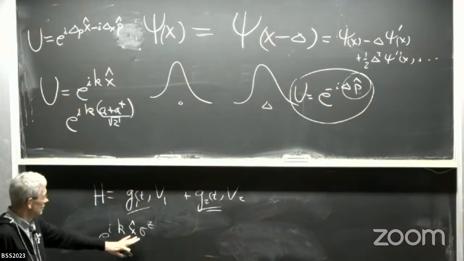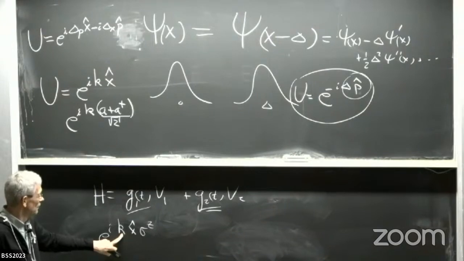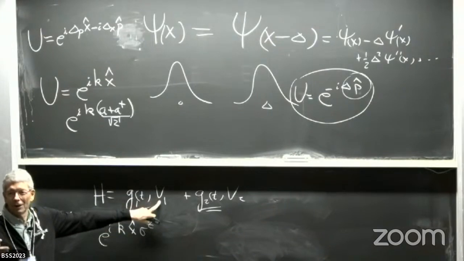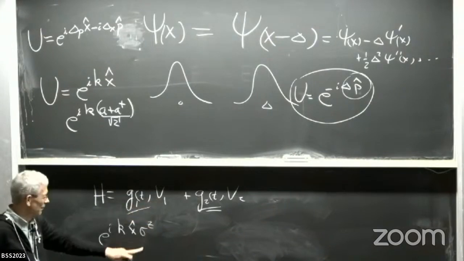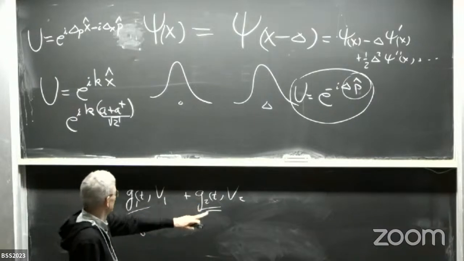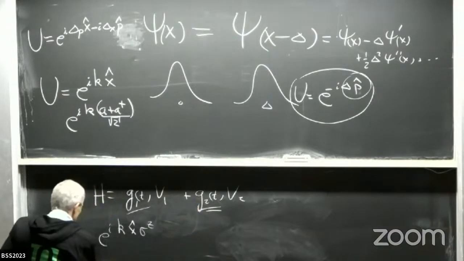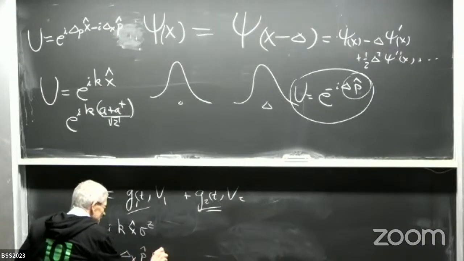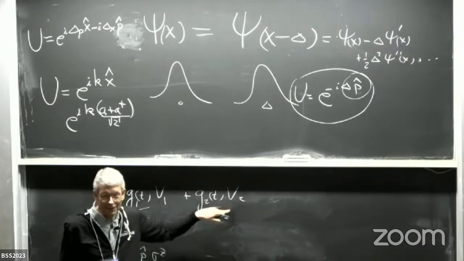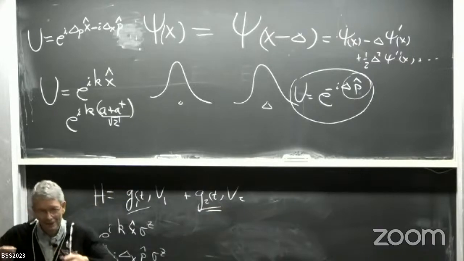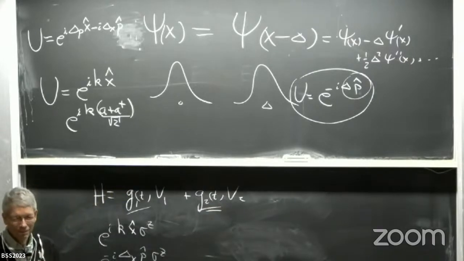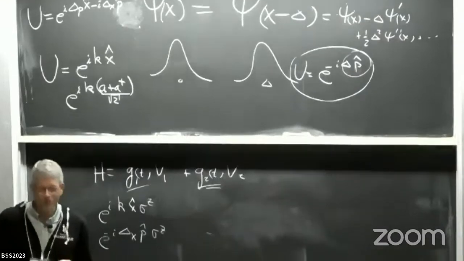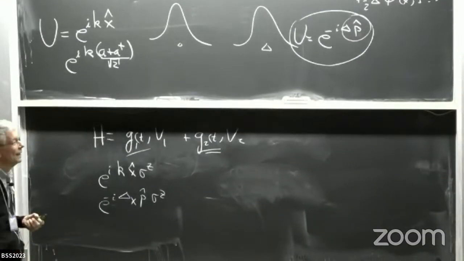We have some gate that we can do, which is like having V1 on for some time. And we have the gate e to the minus i delta x p hat sigma z, which is like having this gate on for some time, or we can have them on at the same time. But they're sort of discrete gates. They're on or off.